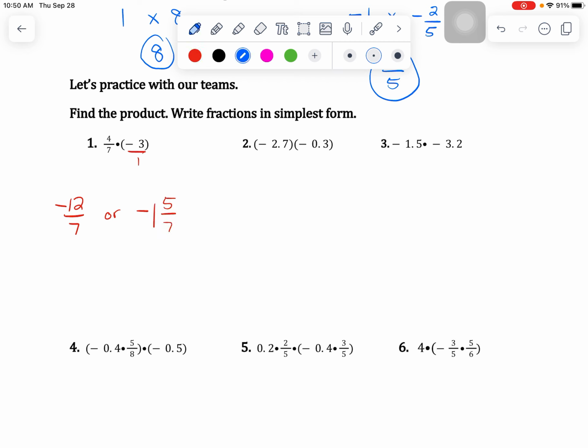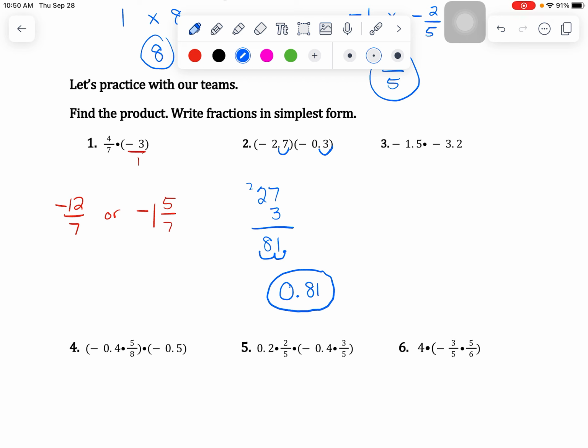In B, I pretended that those decimals were not there, so I multiplied 27 times 3, and when I did that, I ended up with an answer of 81. Okay, then I went back to look at my decimals, and I needed to move it twice. So when I moved my decimal twice, I ended with 0 and 81/100ths. A negative times a negative is positive, so I ended up with a positive 81/100ths.